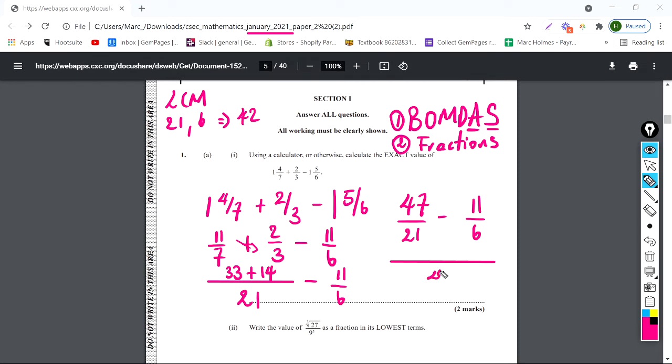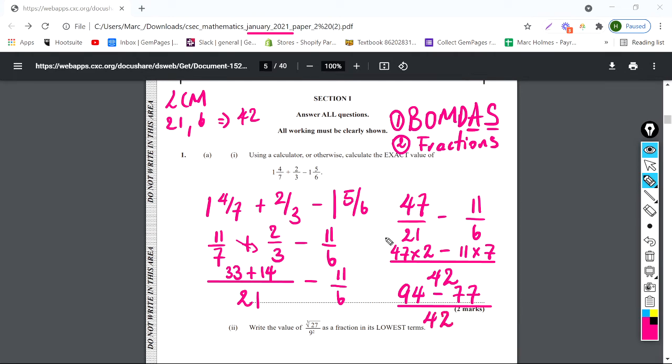We're going to get 42 here. 21 goes into 42 two times, so this will be 47 times 2 minus 11, and 6 goes into 42 7 times, so this is going to be 11 times 7. We're going to end up with 47 times 2 is 94 minus 77, and this is all going to be over 42.